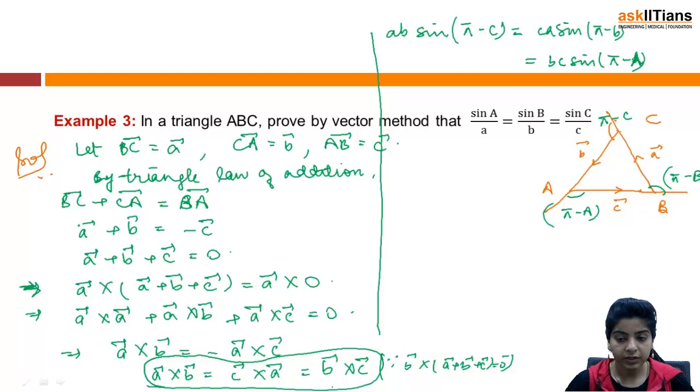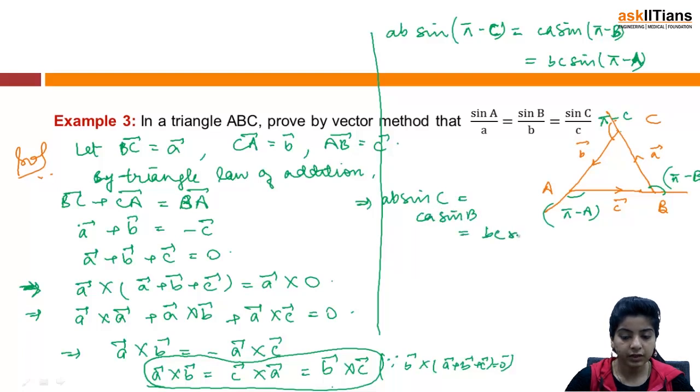In fact, these should be capitals since I am taking them as angles, right? So this gives me AB sine (pi minus C) is CA sine (pi minus B) is BC sine (pi minus A). So we get AB sine C is equal to CA sine B is equal to BC sine A, right?